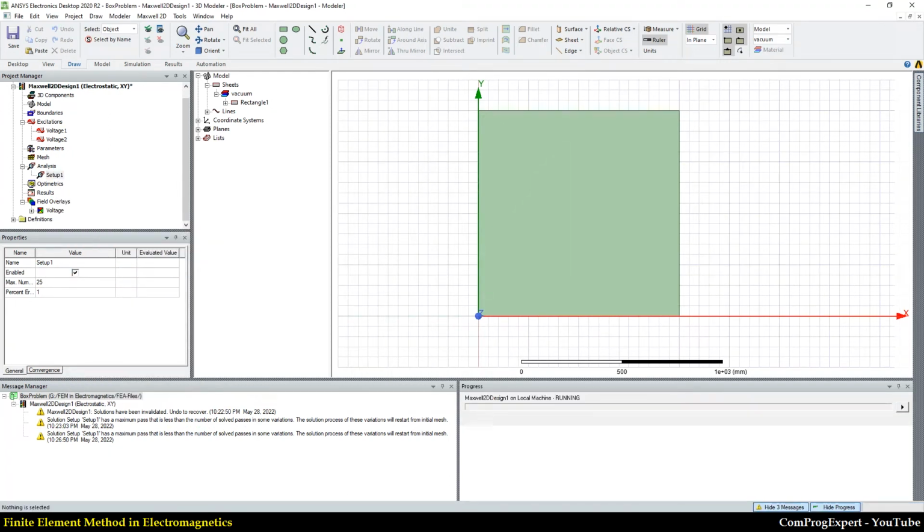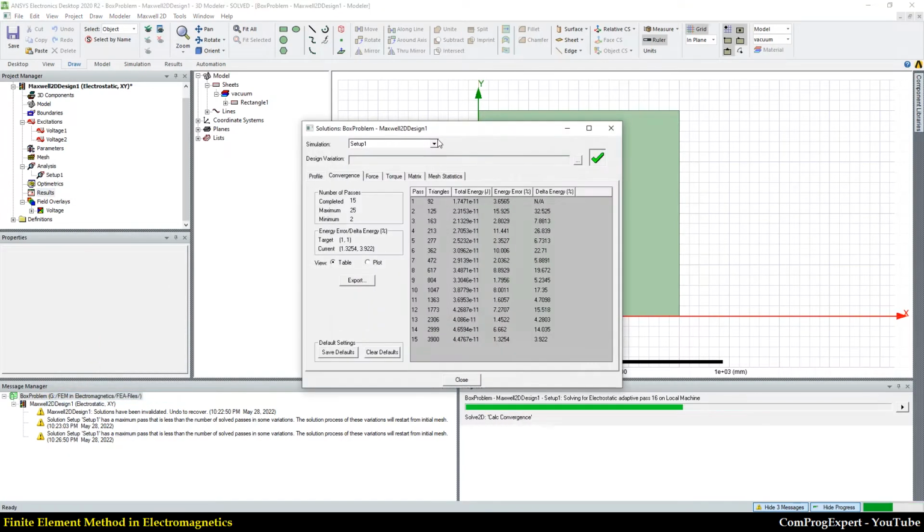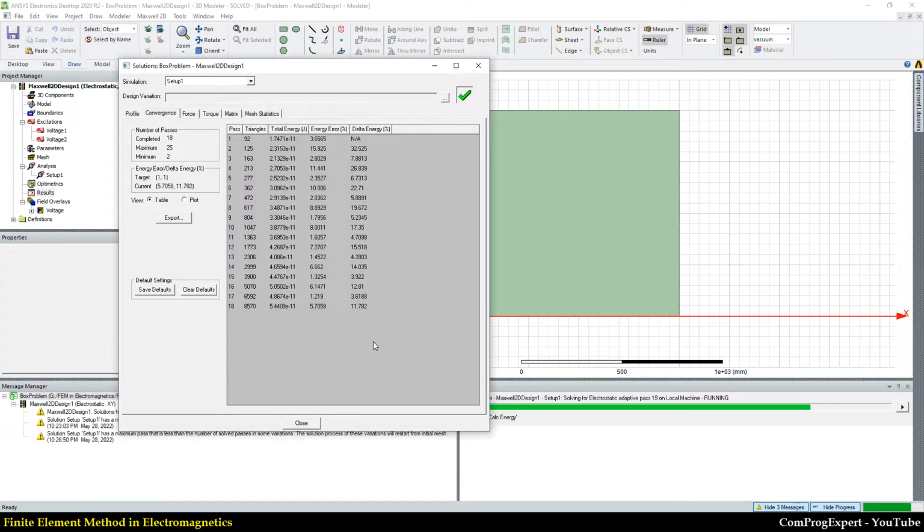So as you know, we say that the solver can converge when we have a convergence in the value of total electric energy stored, right?